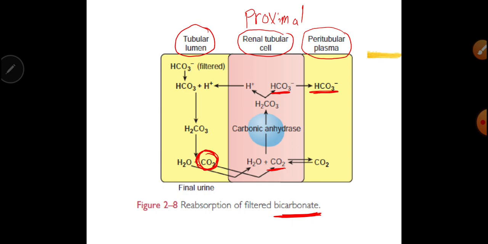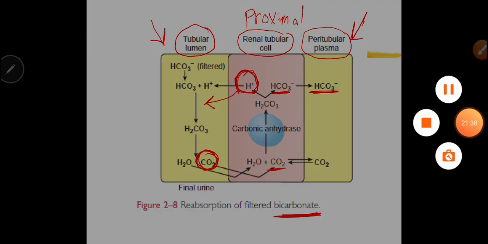This is the effective method for the movement of bicarbonate from the tubular lumen to the peritubular plasma. So the conversion of CO2 and its movement inside the renal tubular cell will result in the formation of bicarbonate. At the same time, you can notice that we have a secretion of hydrogen ion into the tubular lumen.